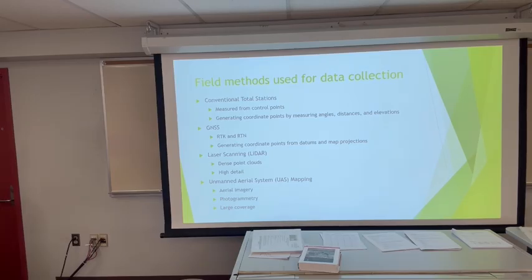Okay, so we kind of talked about this a little bit at the beginning. I realized as I went through this morning that it's repetitive, but in a little bit more detail. So the methods for collecting data with the conventional total stations. You're setting up your total station on a control point, backsighting a control point, establishing your reference line, your reference baseline, and you're generating coordinate points by measuring the angles and distances and elevations.